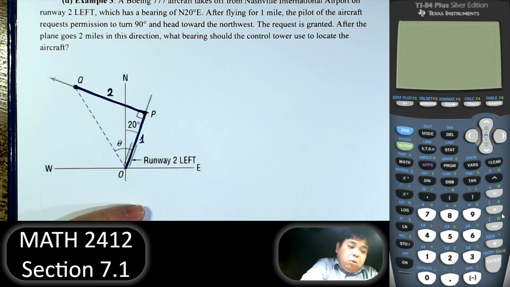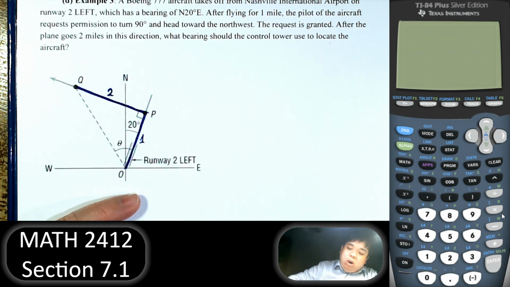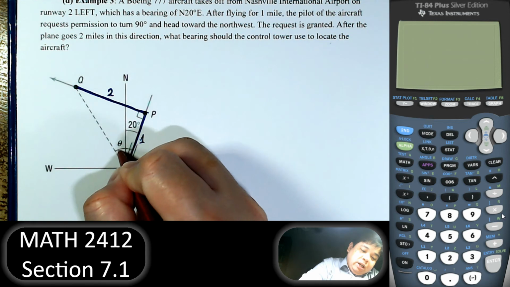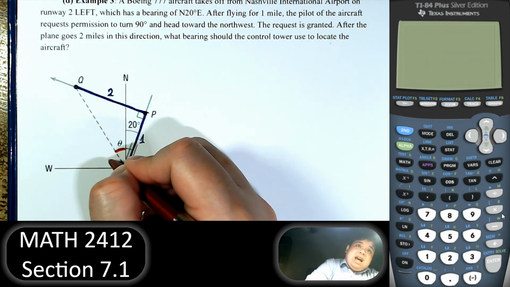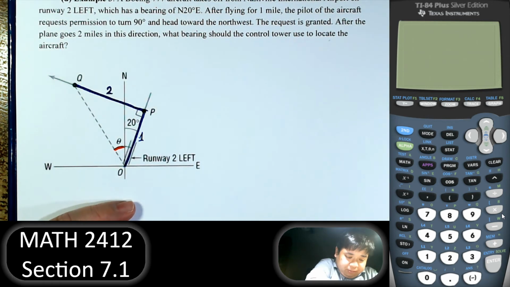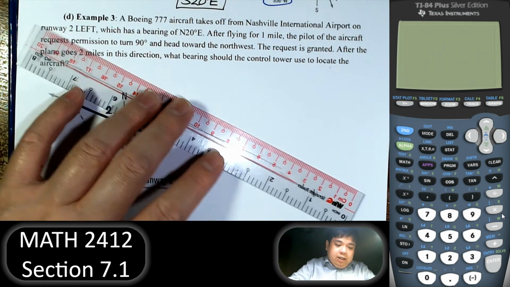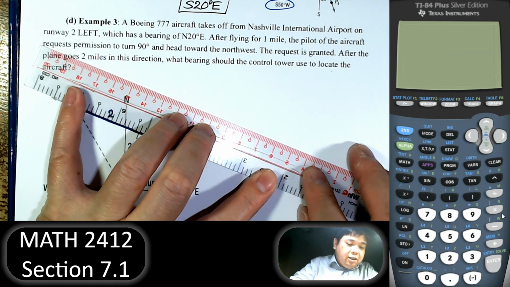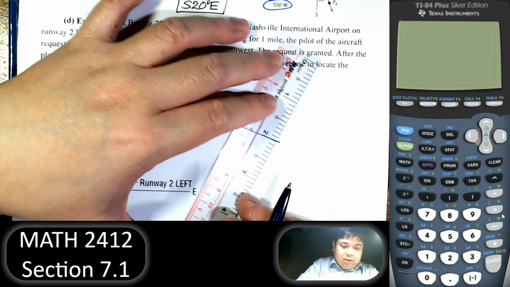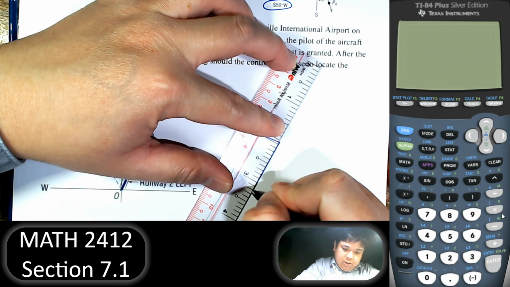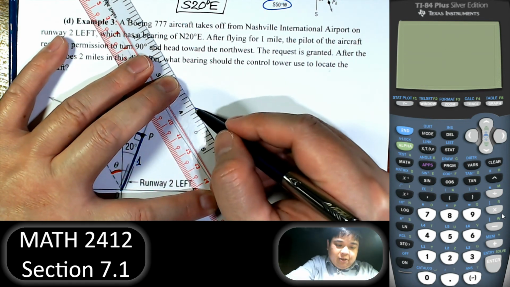Right. So, what is the question? What bearing should the control tower use to locate the aircraft? Meaning that we will need to find this angle here, and then the angle from north on the west side. Right. So, how do we do that? Now I will draw this again. I think this is close enough.